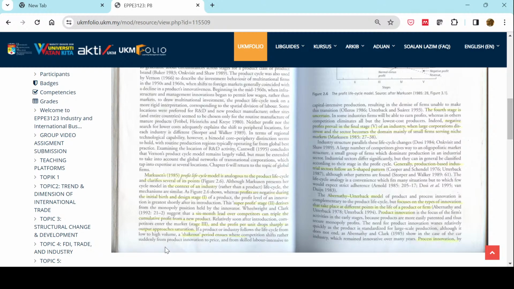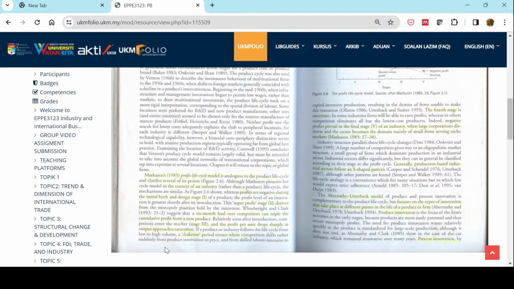So in a way, if you were following the product life cycle, the product now becomes mature. The stage of maturation of the product, the market is saturated, and this is normal profit.